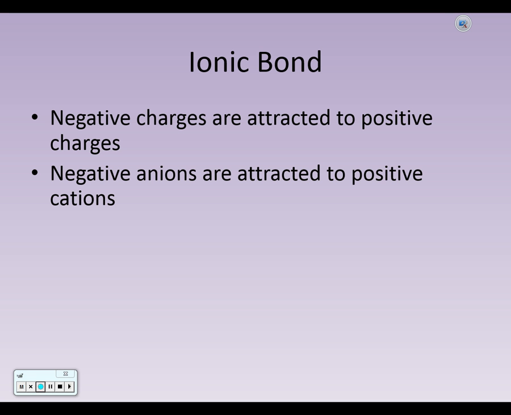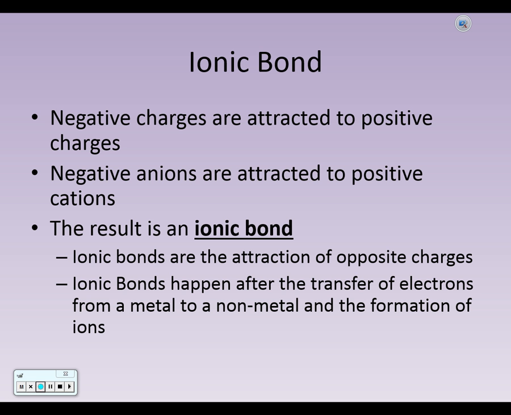A chemical bond is a what? Attractive force that holds atoms together. There it is, right? An ionic bond is an attraction of opposite charges, or oppositely charged ions, if you want to write it that way.